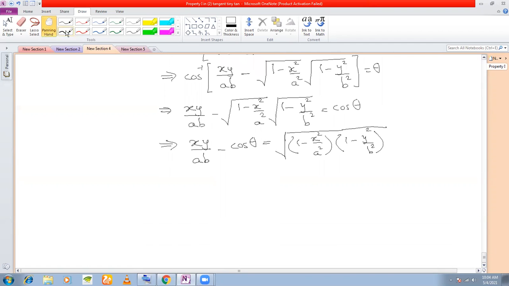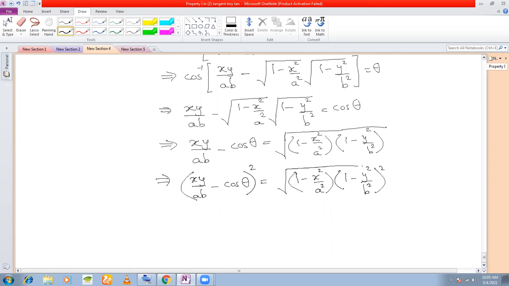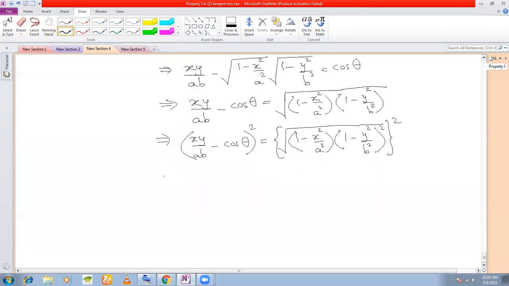Now you square both sides. So remove the radical. Means you have xy by ab minus cos theta whole square is equal to square root of 1 minus x square by a square into 1 minus y square by b square whole square. Okay. So in the next step you can remove the radical, and what you can also do is expand on the left hand side by a minus b whole square formula.